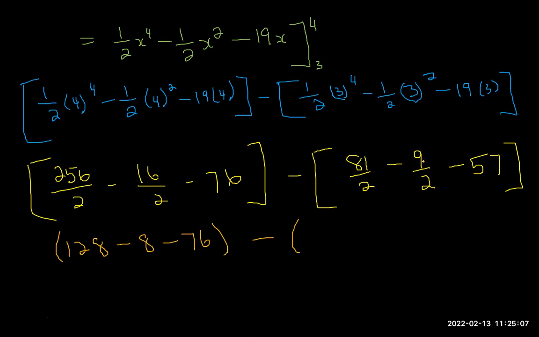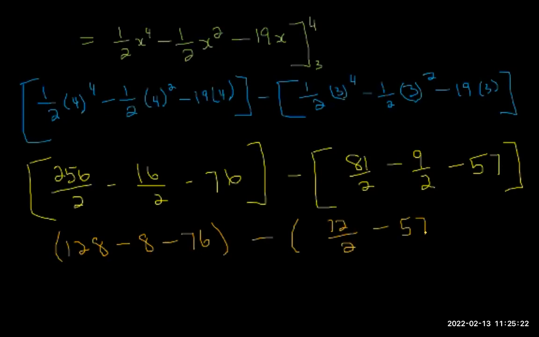Let me see if I could just do that manually. 81 minus 9 would give me 72 on 2. And then minus 57. So this is 128 minus 8, that's 120.